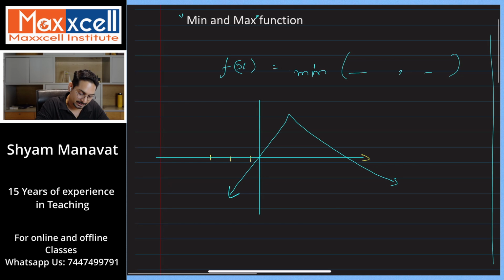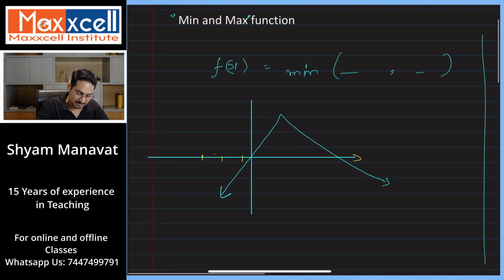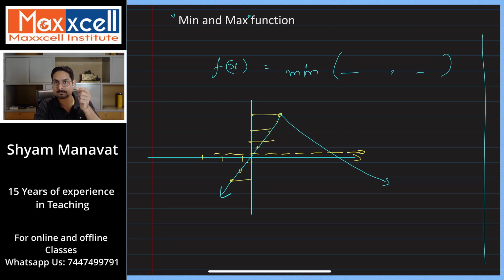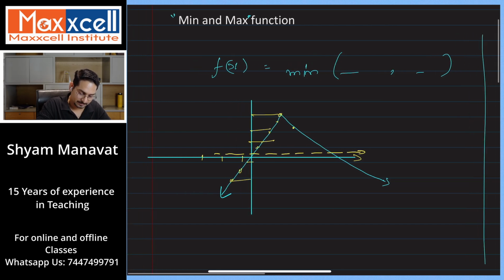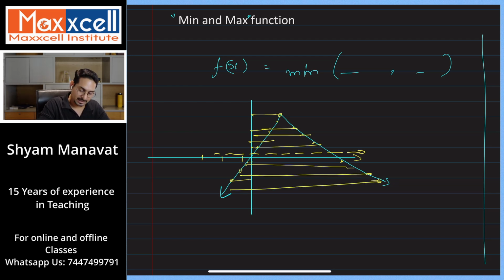With increasing x, the y value here is increasing up till the intersection point, the common value of these two lines, and then the y value again starts decreasing. You can see it starts decreasing.